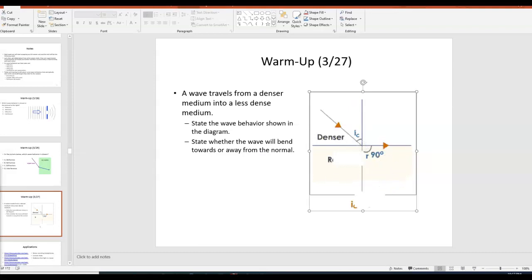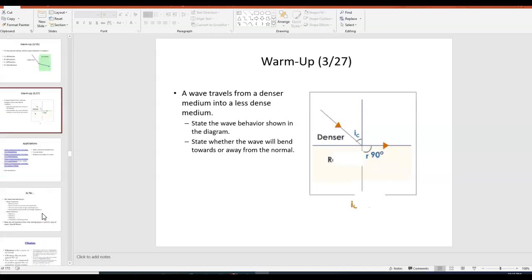Basically the wave after it goes in the medium should do something like this, where the angle from the normal on this side is bigger than the angle from the normal on this side. In other words, it bends away from the normal because on the other side of the medium there's less density, and so it bends away from the normal.